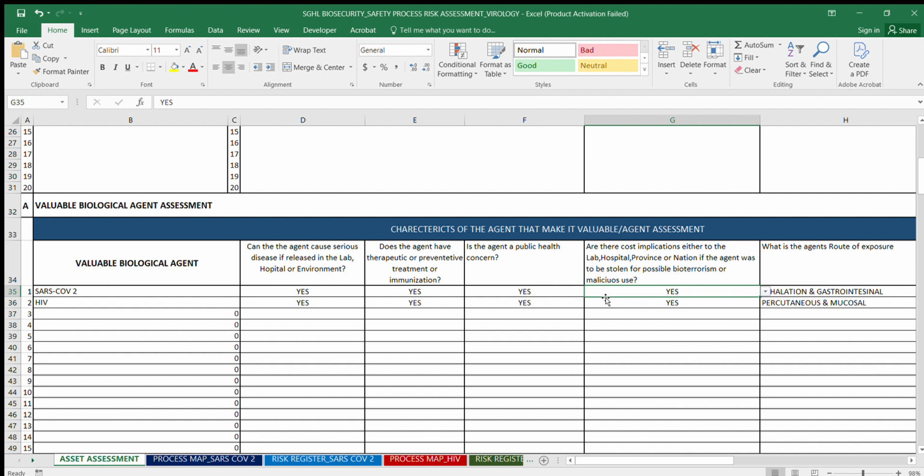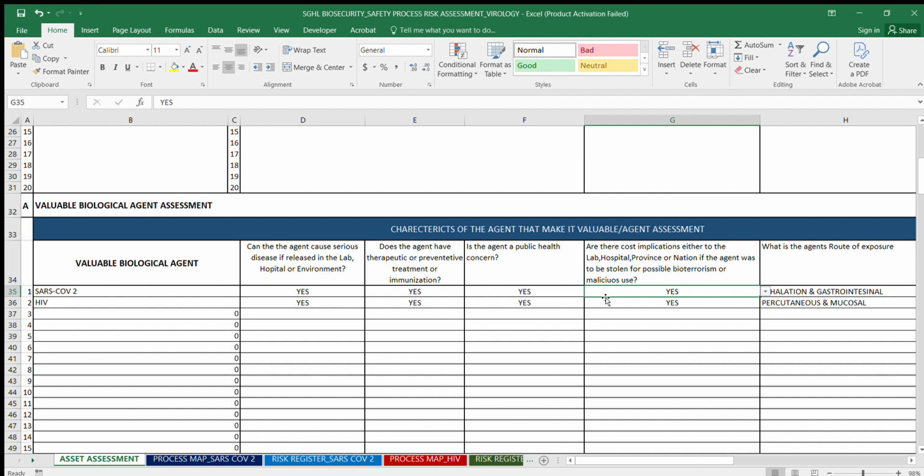The next question is, are there cost implications to the lab, hospital, or environment, or the nation or the province, if the agent was to be stolen for possible bioterrorism or malicious use? So if this agent is stolen and someone releases it and exposes people to it, will there be financial costs to you, the lab who kept it?